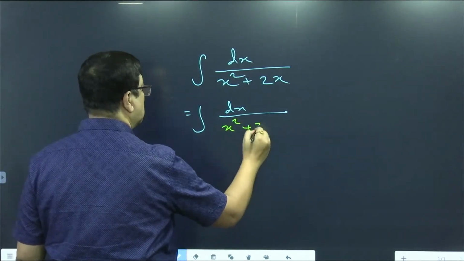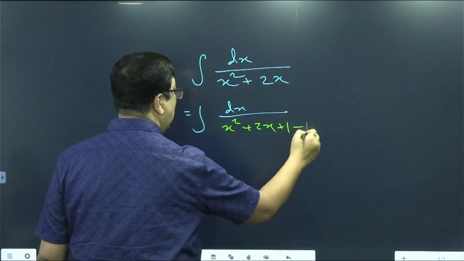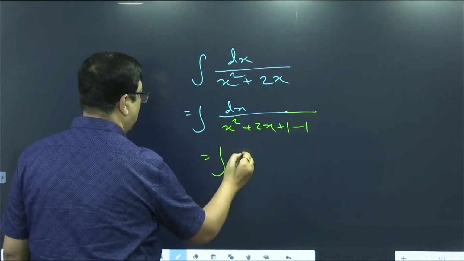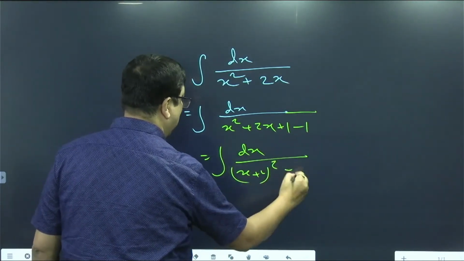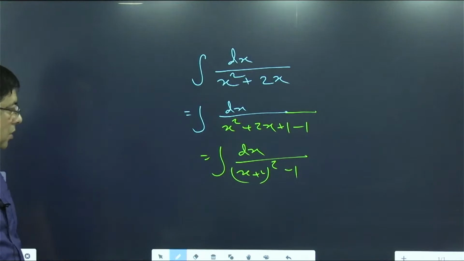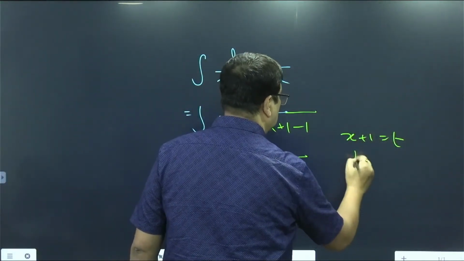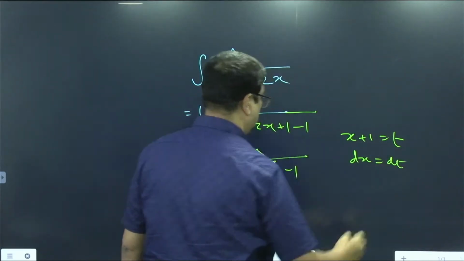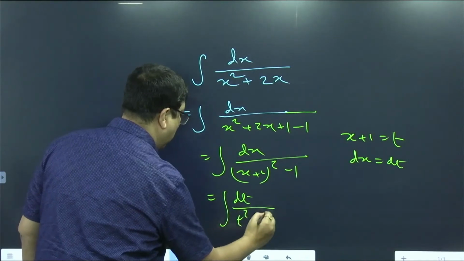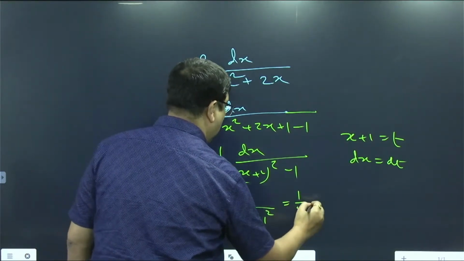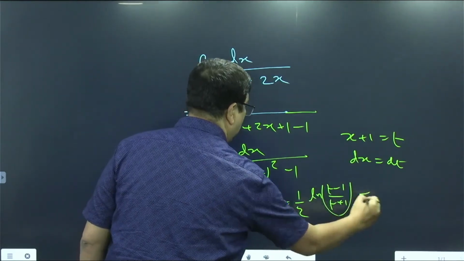x square plus 2x. To make a whole square, we have to add 1. Similarly, we have to balance by 1. Therefore, we are getting x plus 1 whole square minus 1. Now, what to do? We have to take x plus 1 as t. So, dx equal to dt. Therefore, dt by t square minus 1 square, 1 by 2a log of (t minus 1) by (t plus 1) plus c.